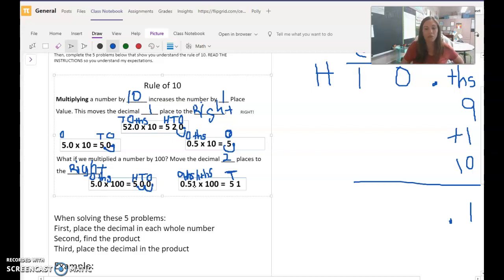So it did. It moved up twice. Let's look at our 1 here. Our 1 started in the hundredths, and it moved 1, 2 places to our ones. Let's check our decimal. It started on this side of the 5, and after we multiplied, it moved 1, 2, because we know that the decimal is on the right side of the ones.